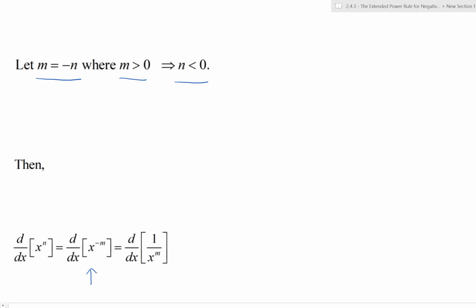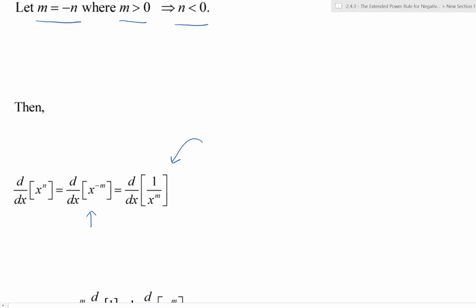But remember, we're assuming m to be positive, hence that is the same as the derivative with respect to x of 1 divided by x to the m. You notice that is a quotient, 1 divided by x to the m, where m is assumed to be positive. So we will apply the quotient rule, and let's see what we get.